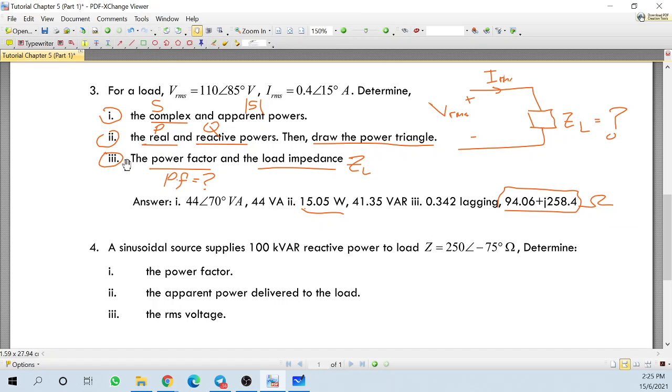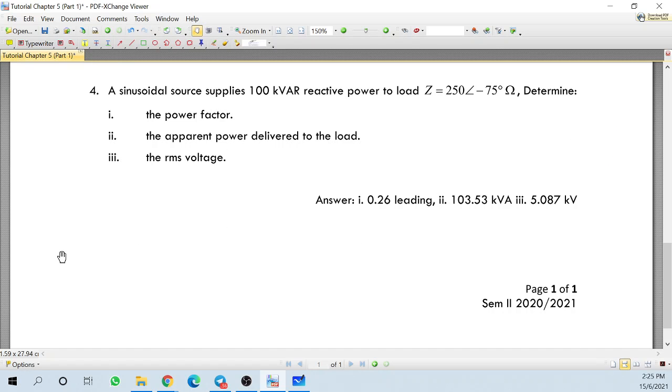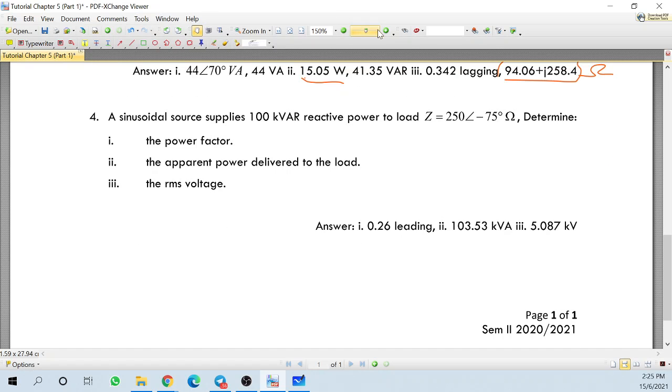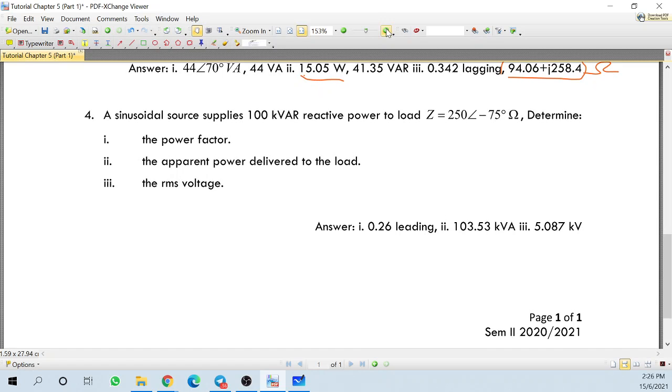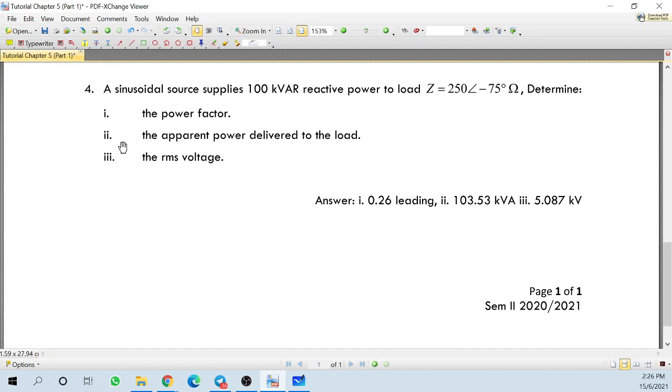So next, look at question number 4. A sinusoidal source supplies 100 kVAR, supply Q, to the load.